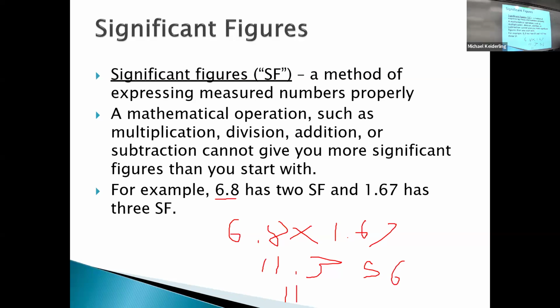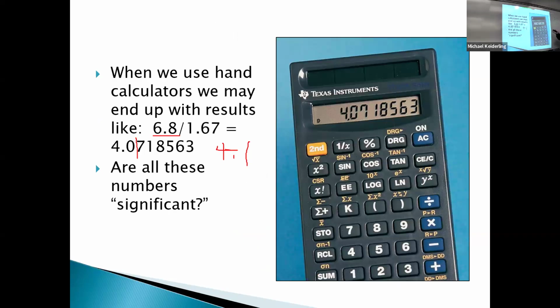So that, strictly speaking, is what you have to do always for multiplication and division. Division is a real issue because when you divide something, it often gives you lots of digits, because your calculator does nothing about significant figures, it just gives you as many digits as it can calculate.